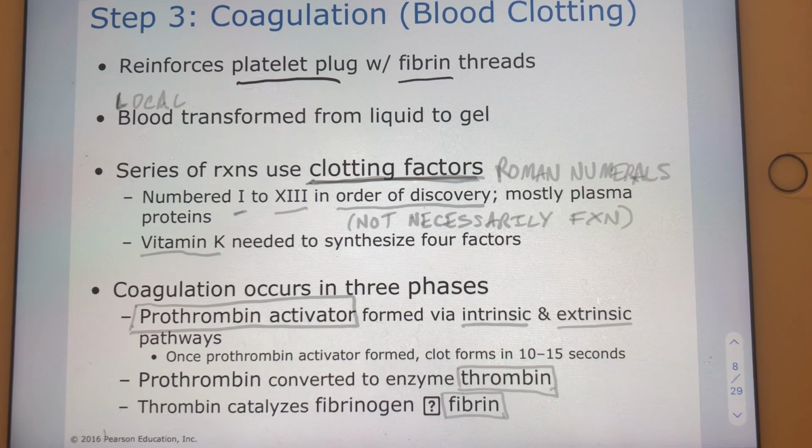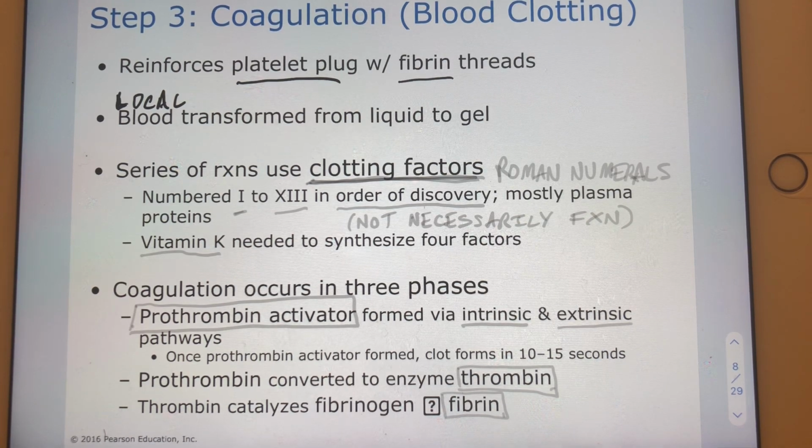And during coagulation, the local blood will become rather gel-like, which actually facilitates trapping that local site within this clot.